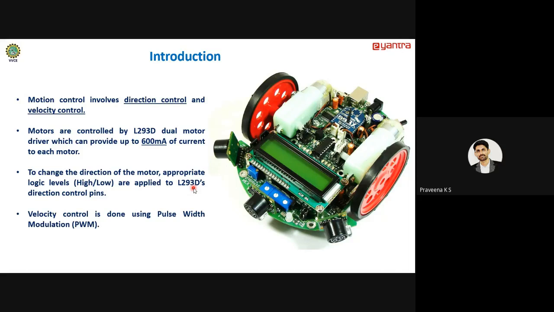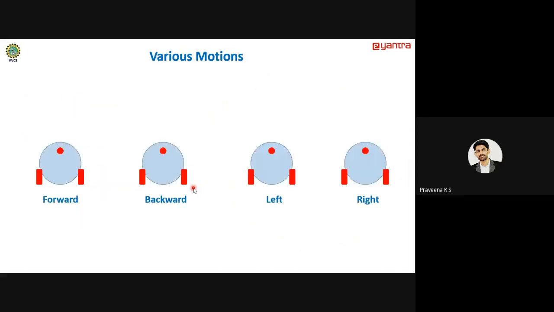We'll discuss that later. Now, with respect to various motions, as I said, a robot technically has three wheels. It has two drive wheels, but if you look at the robot, it actually has three wheels. The one at the front is called a caster wheel. A caster wheel is a free wheel.